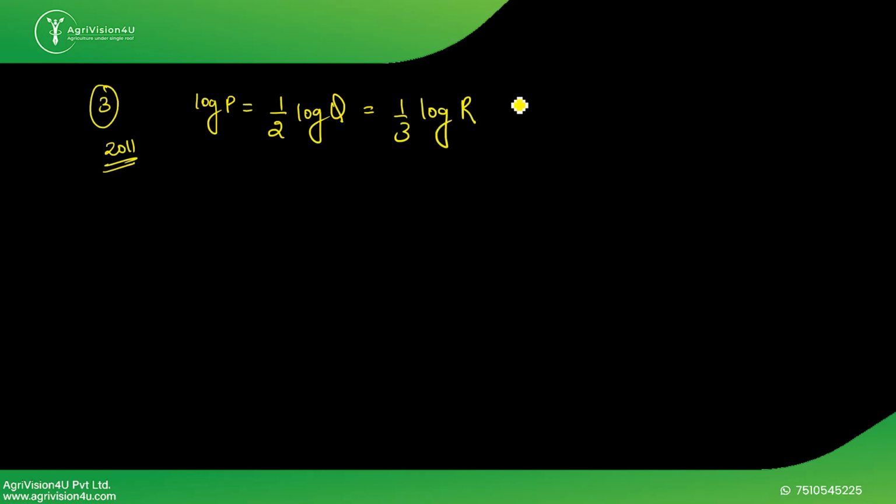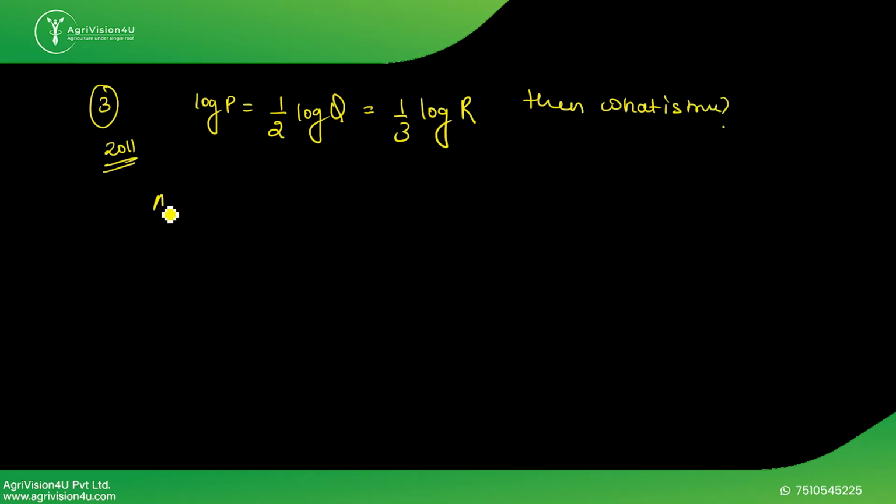Now this is GATE 2011 question. Third question. Log p is equal to 1 by 2 log q is equal to 1 by 3 log r. Then what is true?